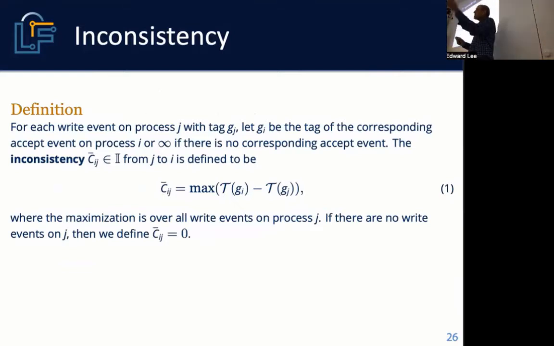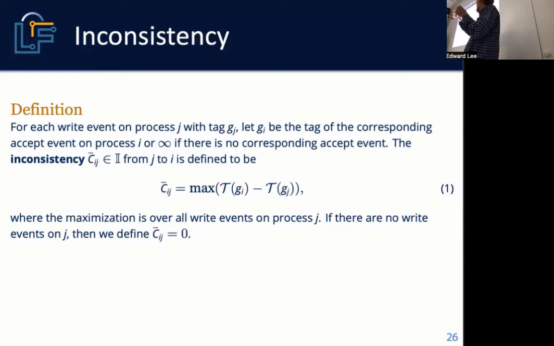Process J updates a variable at tag G sub J. If that variable is sent to another process, there will be an accept event on that other process. Normally that accept event will have the same tag, or if you use after, it'll have a bigger tag, but it will have a tag.